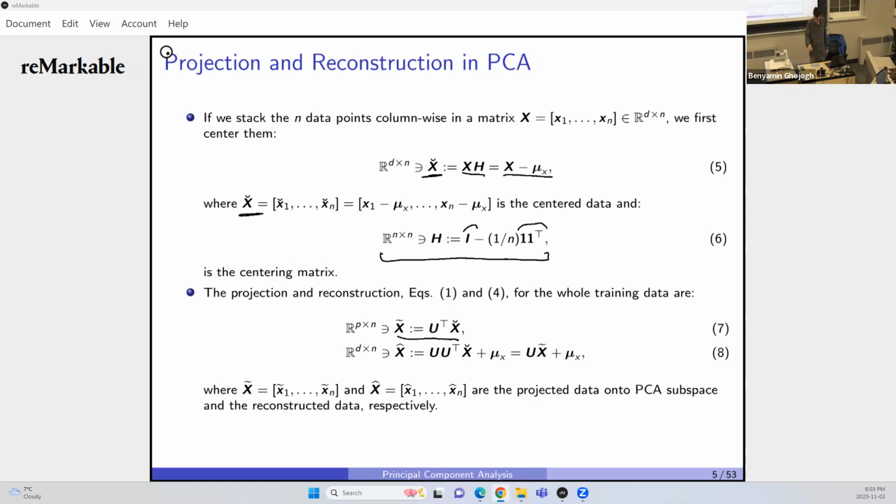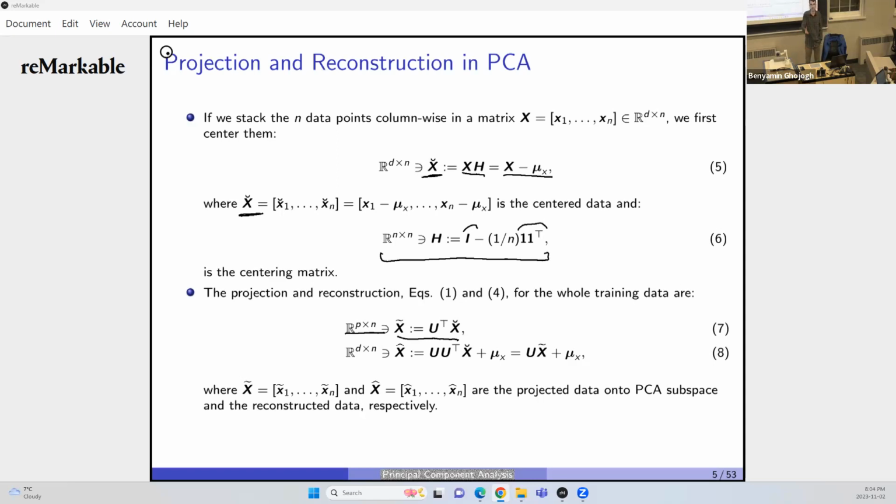Now, the previous slide was the projection of a single point to the PCA subspace. Now I want to project the whole data. So U transpose X breve becomes the X tilde matrix, P by N this time, because now I'm assuming I have P columns in U. U is truncated from D columns to P columns.